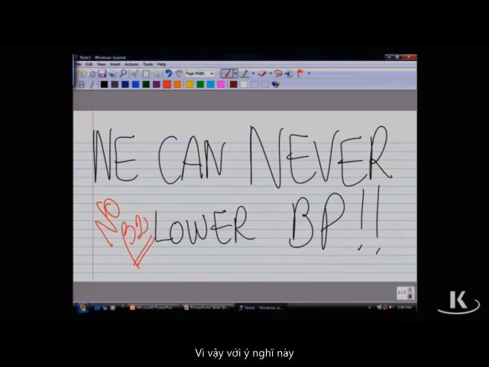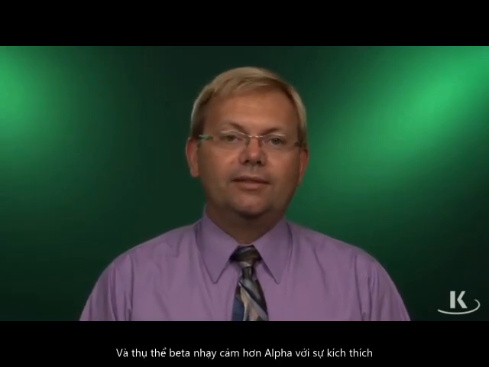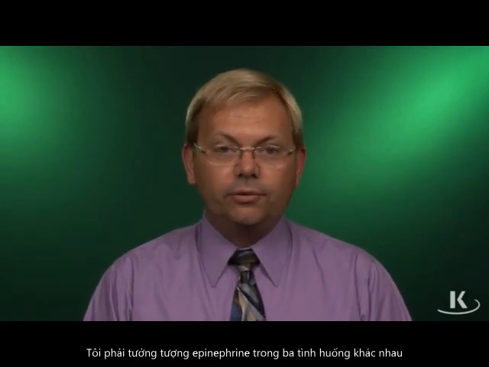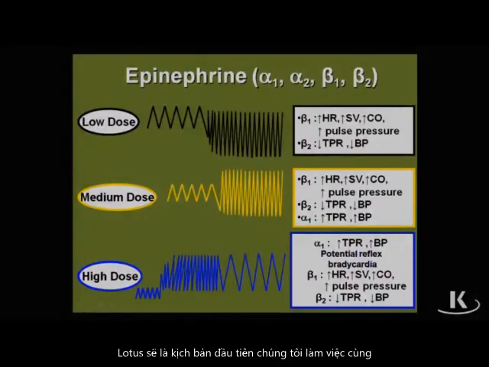So with this in mind, let's look at epinephrine. And let's remember that because epinephrine has actually all the receptors involved, and beta receptors are more sensitive than alpha to stimulation, I have to imagine epinephrine in 3 different scenarios. Low dose is going to be the first scenario we work with.